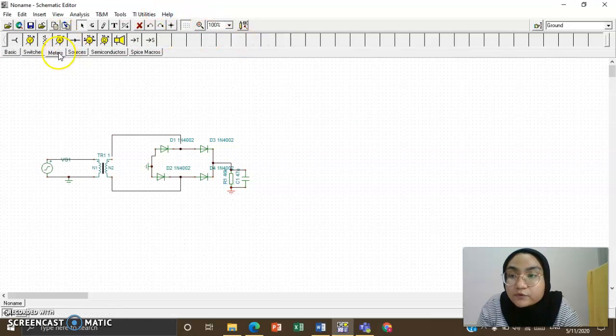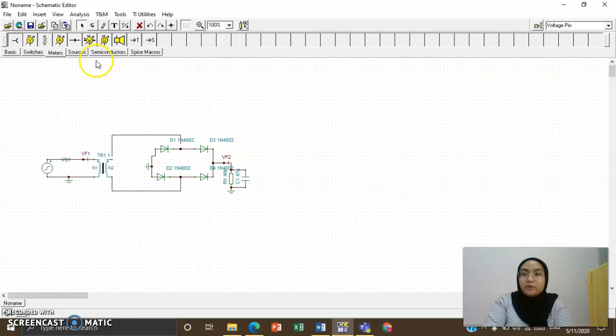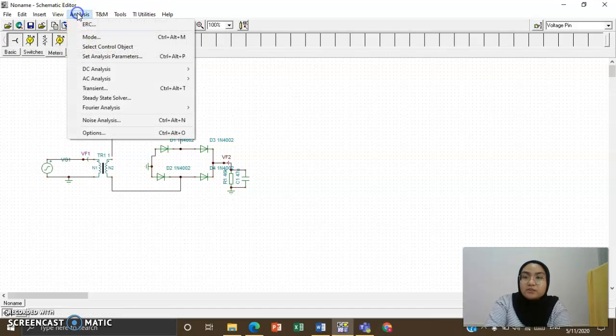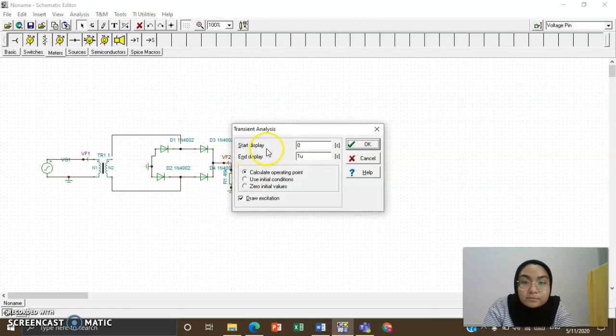Okay, and also, of course, we need a voltage pin for the input, and also another voltage pin for the output. Okay, when all set, now we can run the transient analysis. One cycle is 20 milli. I need at least 5.